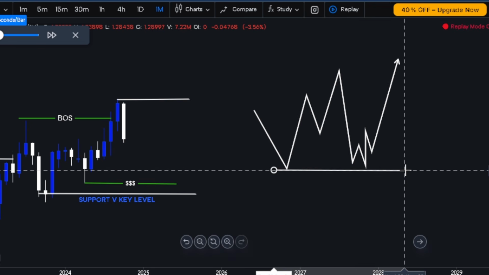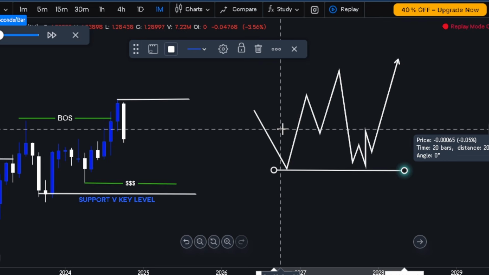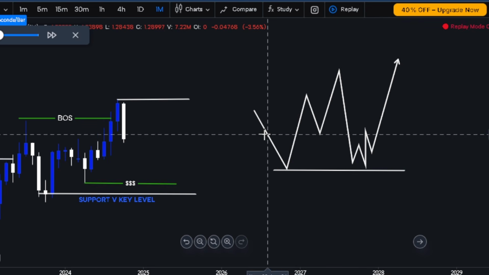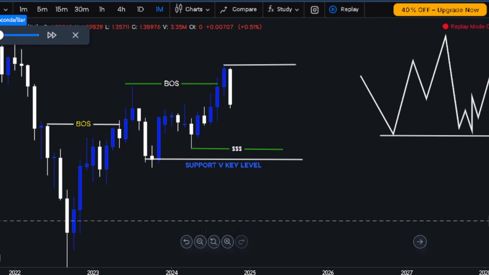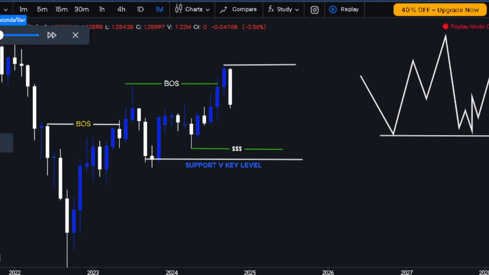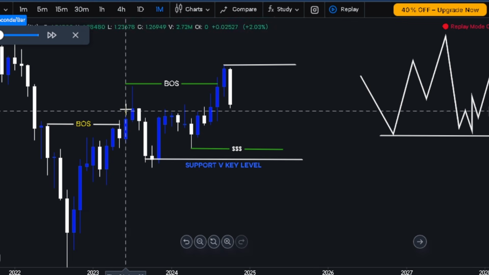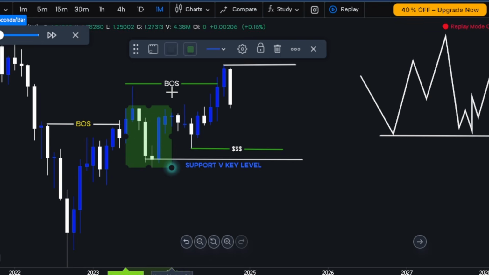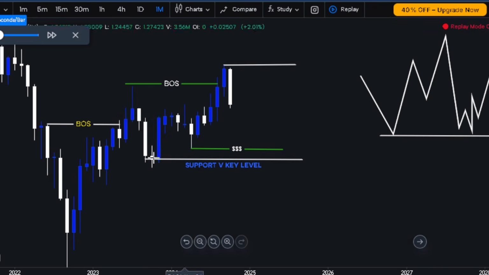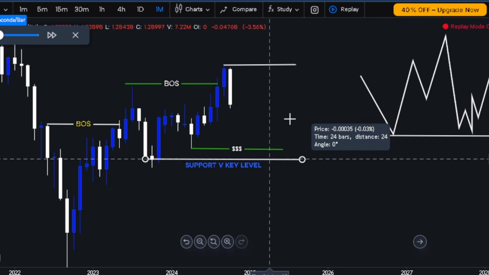You notice right there on that particular leg, price forms a V-shaped structure. So that is where it gets its name, the support V formation.